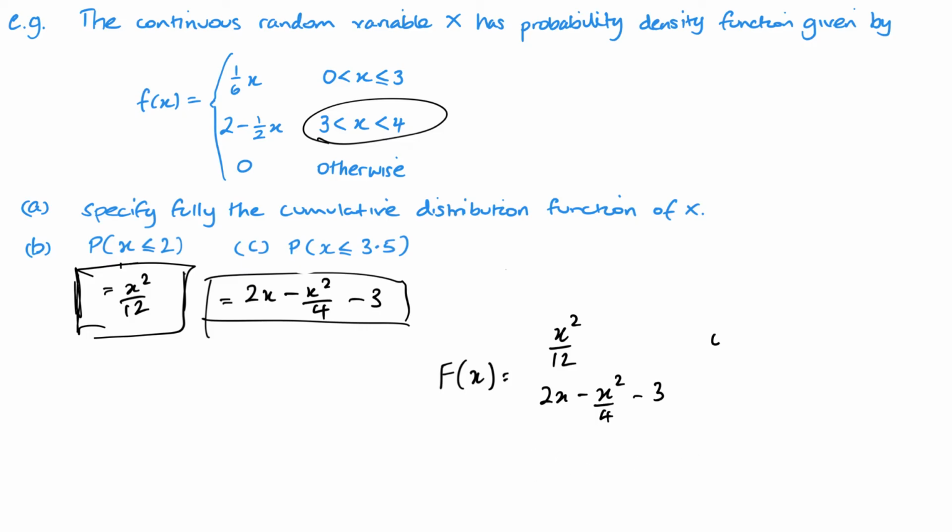So same limits as before, 0 less than or equal to x less than or equal to 3, and then we've got 3 less than x less than 4. Remember our probabilities of 0 and 1. So this is now going to be x less than or equal to 0, and x greater than or equal to 4.